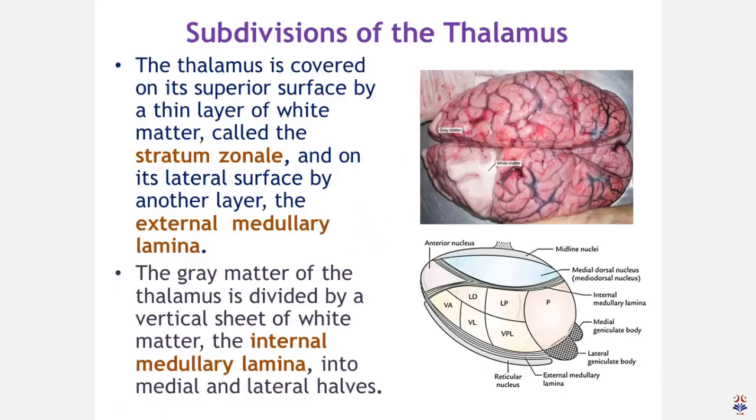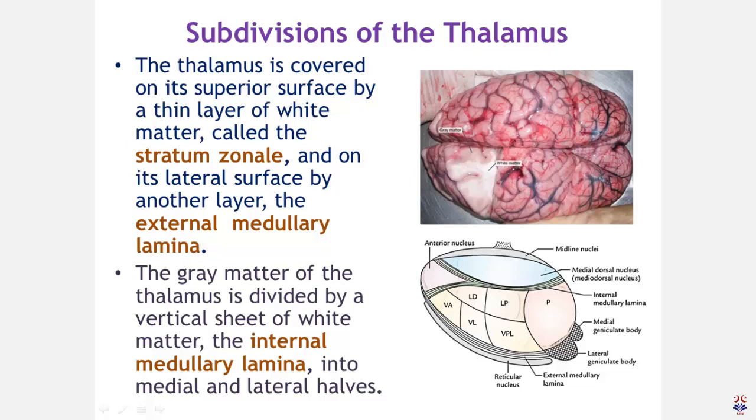Now we see the subdivisions of the thalamus. Like other parts of the brain, it has gray matter and white matter. The thalamus is covered on its superior surface by a thin layer of white matter called the stratum zonale, and on the lateral surface by another layer, the external medullary lamina.